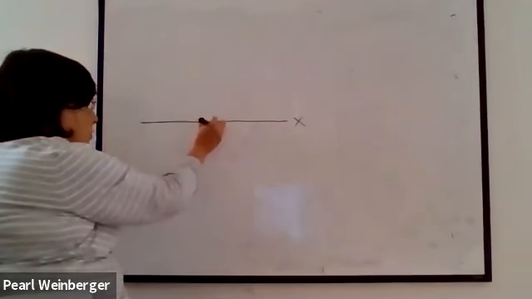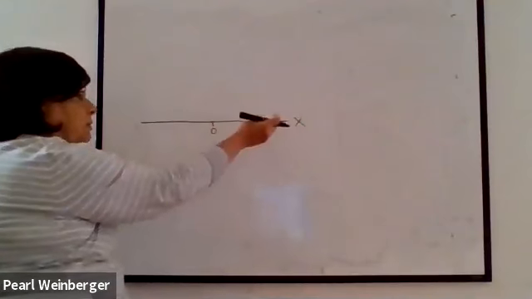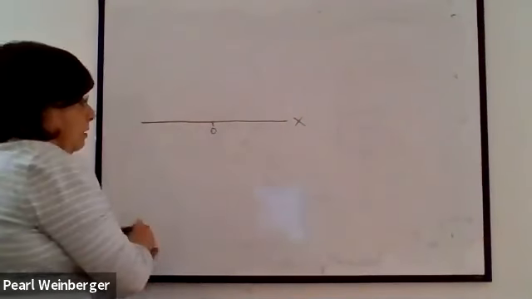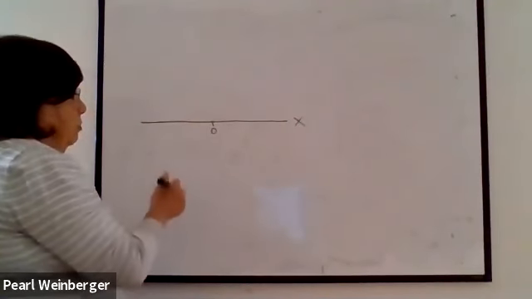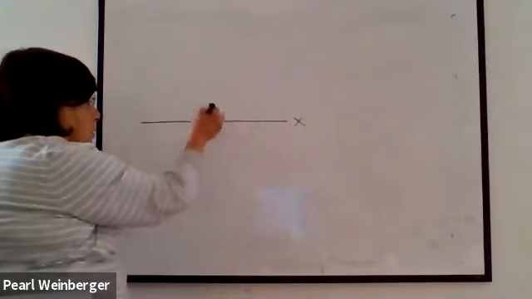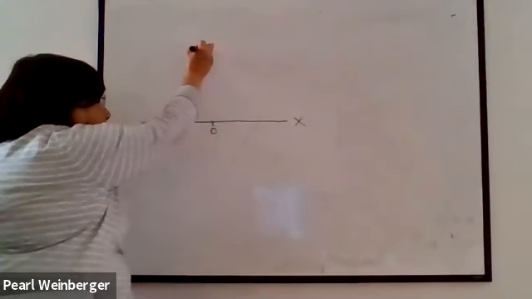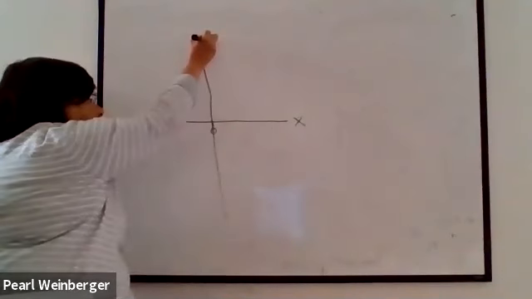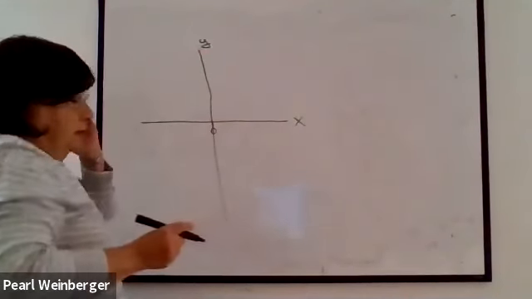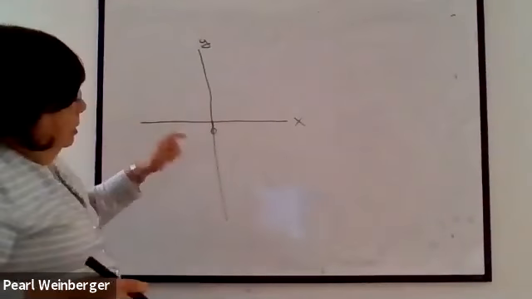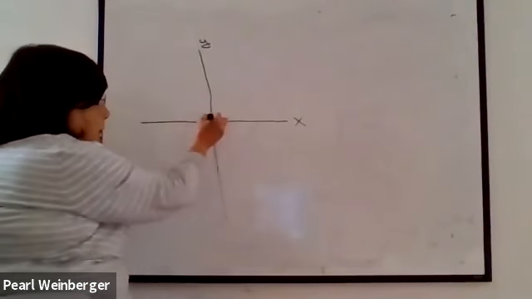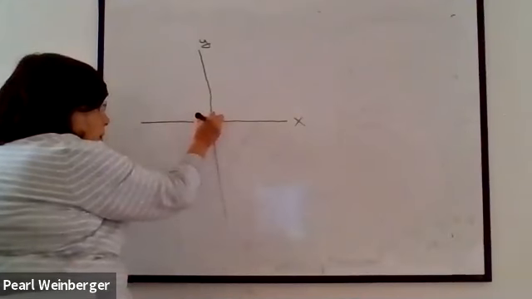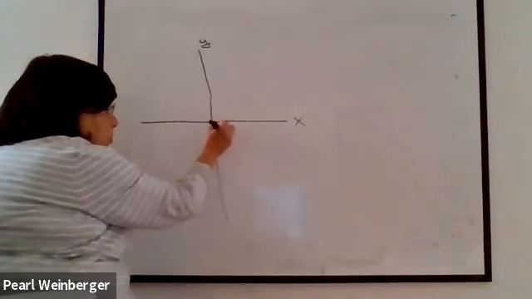Say this is the 0, the right is the positive numbers, the left is the negative numbers. Through that 0, we put a line that goes straight up and down, a vertical line. And we call that the y-axis. And the point where they meet is what we call the origin.